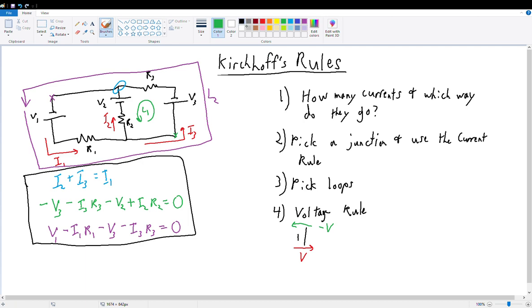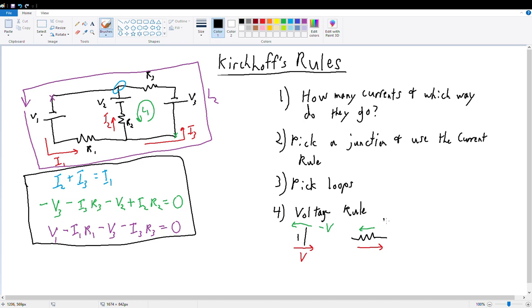And for a resistor, if we have to pass through a resistor, if our current goes this way but our loop goes opposite it, I guess I should use the same colors. So this is our loop, this is our current. This would be positive, because we're going opposite the direction of our current.